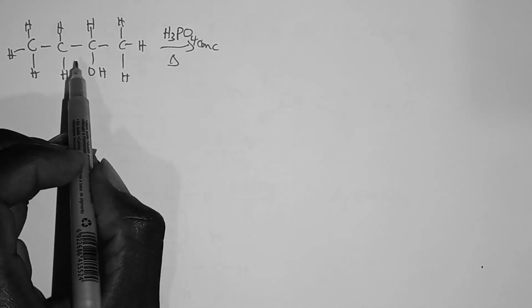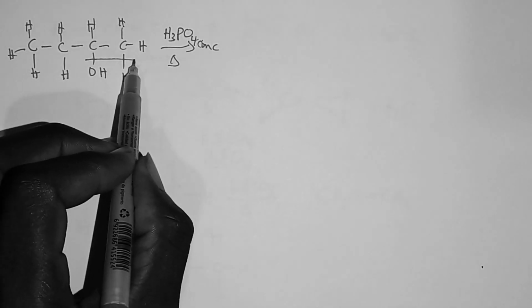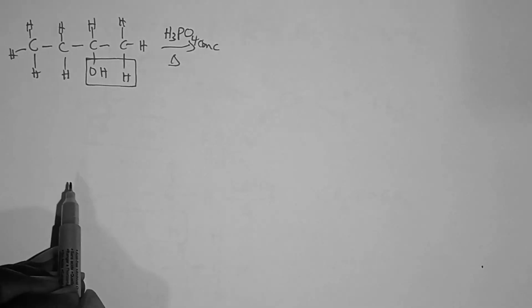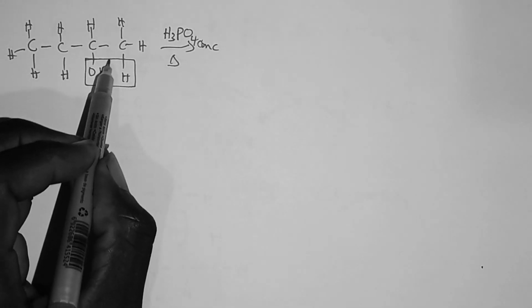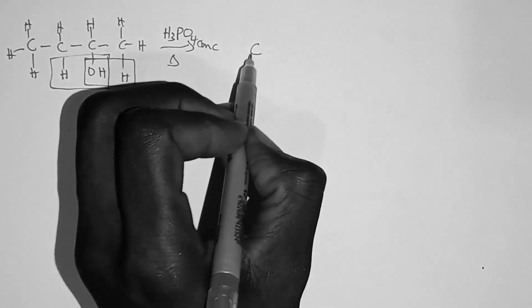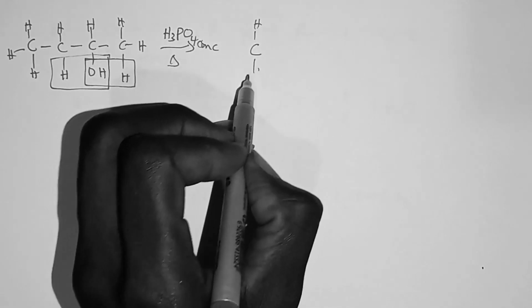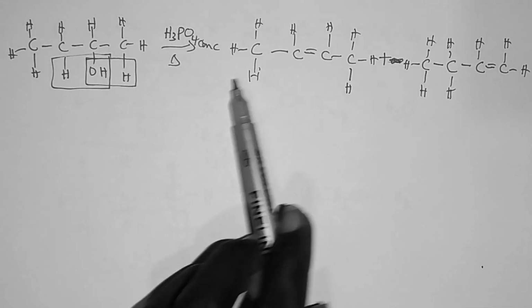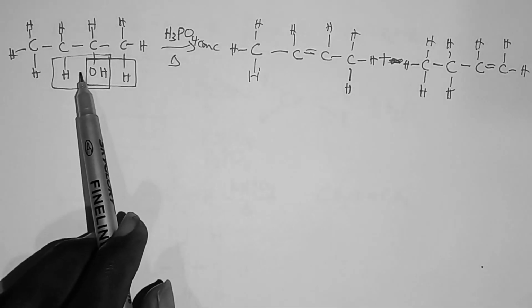You will see that there are two products that can be formed. It's either this water molecule is removed or this water molecule is removed. So there are two products that we will get. And this will lead us into the Zaitsev rule.